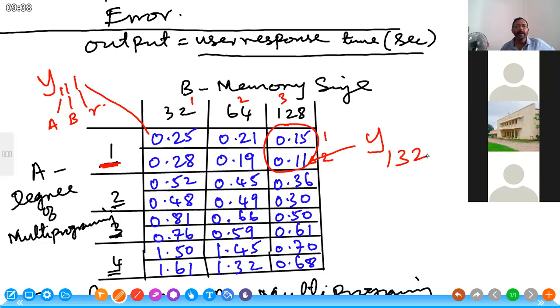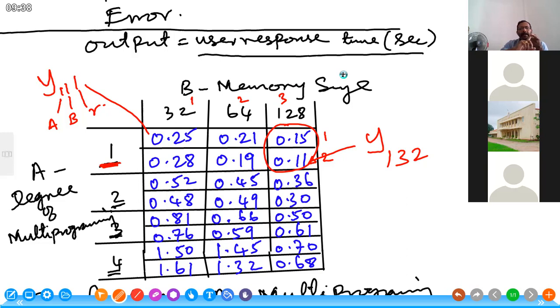Now, can you work it out? Can we complete the ANOVA table? Can you calculate all these effects?